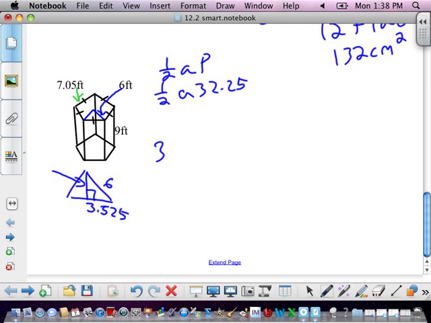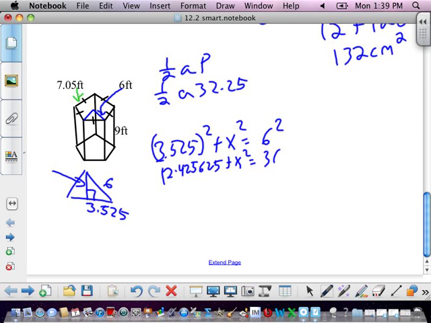Okay, so we do 3.525 squared plus x squared equals, okay. So this gives me 12.425625 plus x squared equals 36.